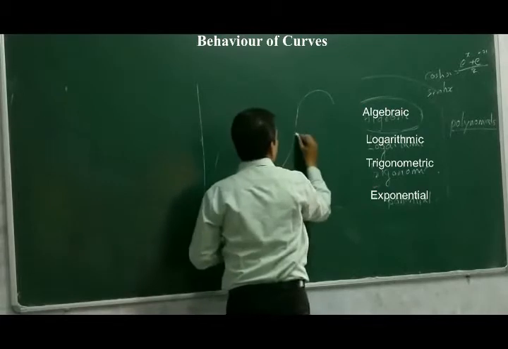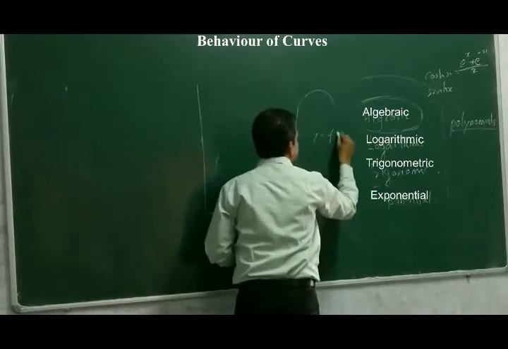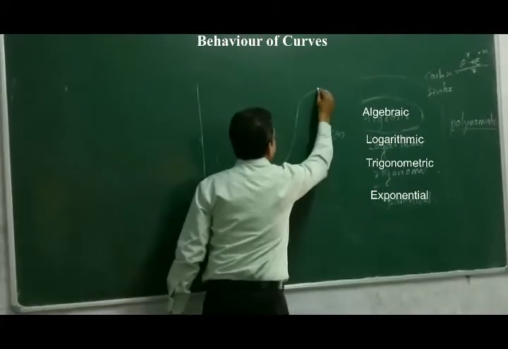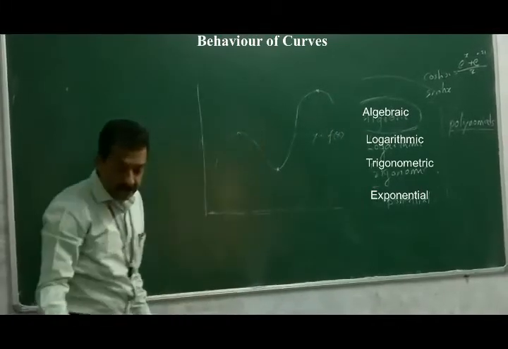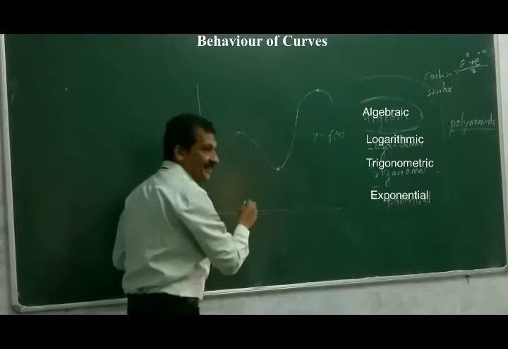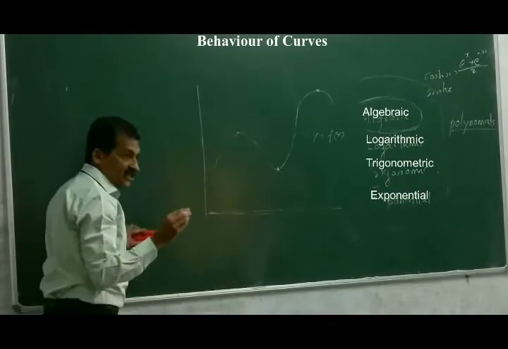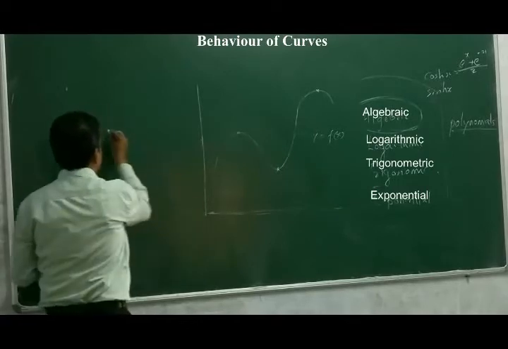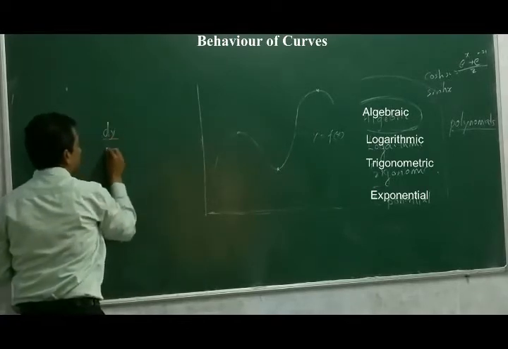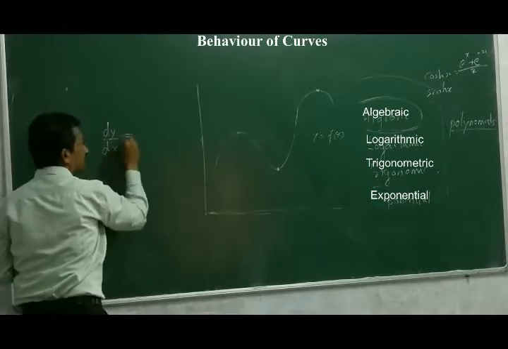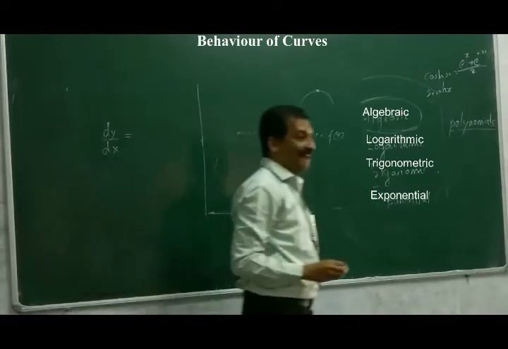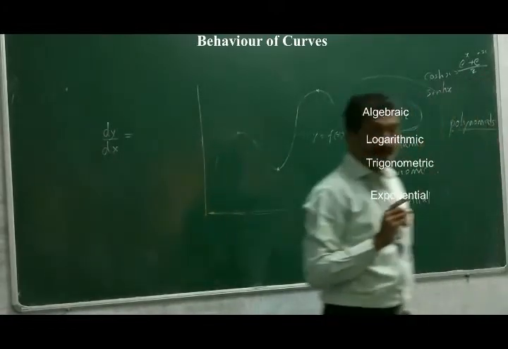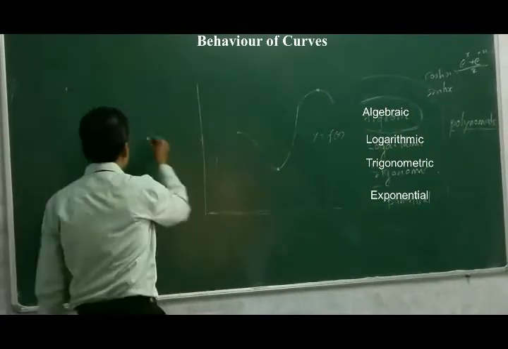This is a curve y equal to f of x. Now, what's the speciality of this point, and this point? Changes direction. So mathematically, how do you express? dy by dx equal to 0.